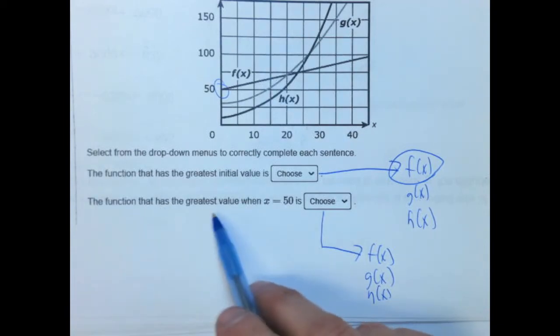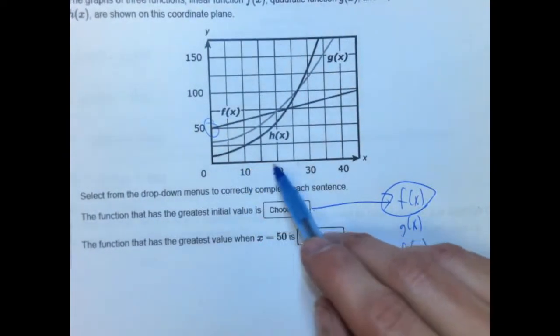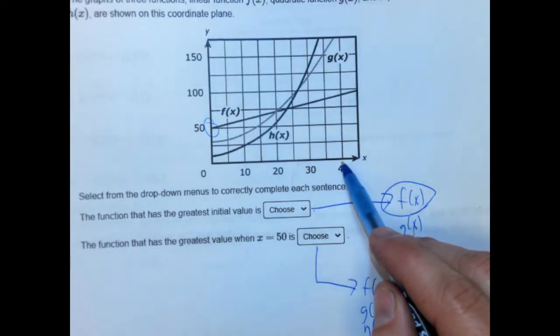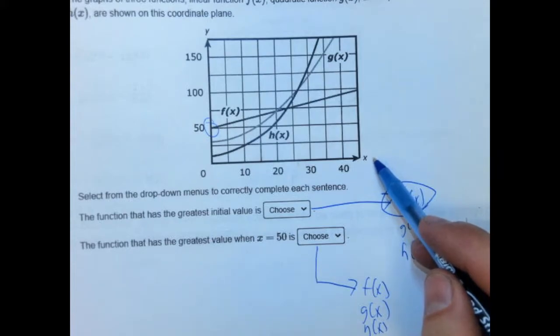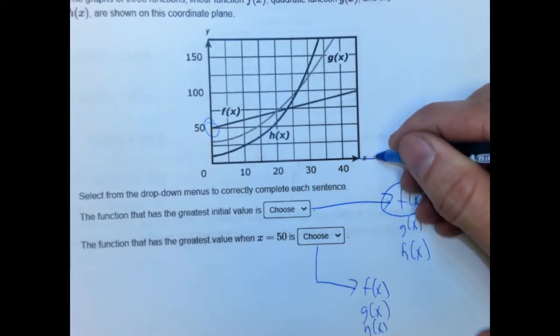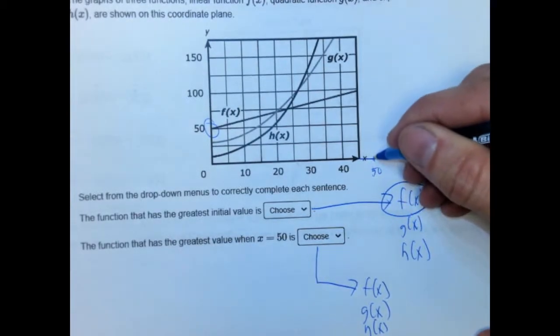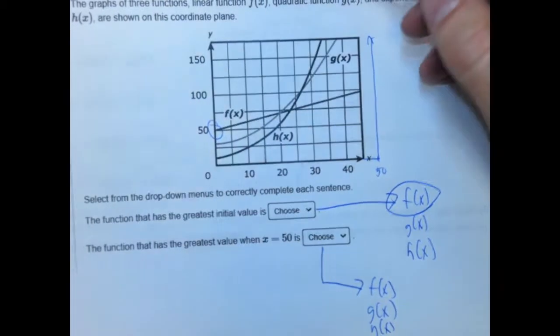And then which function has the greatest value when x equals 50? So, all right, let's look here. So 10, 20, 30, 40, 50 would be up here. Okay, so this one's going off screen because clearly it is a good idea to ask people to interpret something off the grid, as MCAS wanted to do.